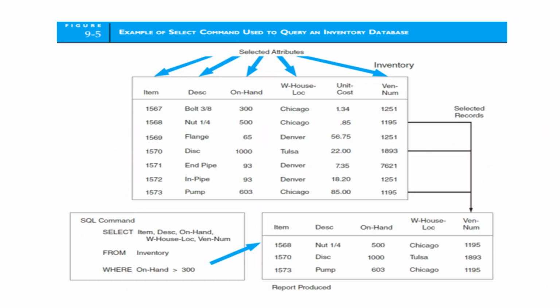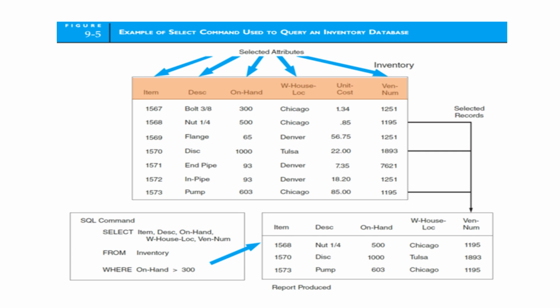Okay, so this is an example of a select command used to query an inventory database. In the upper table here, we have selected attributes of the inventory table. We have a list of items, description, on hand, the location of the warehouse, unit cost, and vendor number.